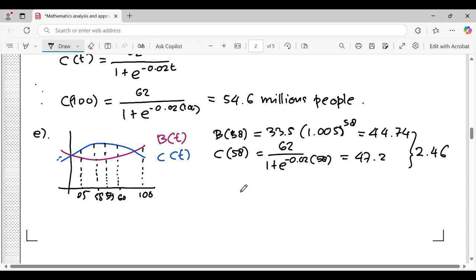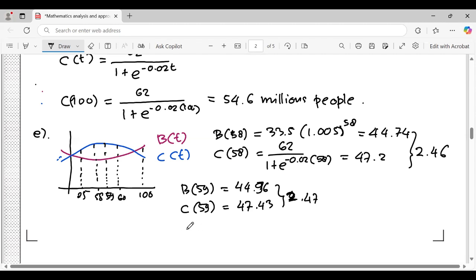The gap between B(58) and C(58) is 2.46. Now, 59. If you substitute 59 into the B model and C model, the result is 44.96, and C(59) is 47.43. The gap is 2.47.